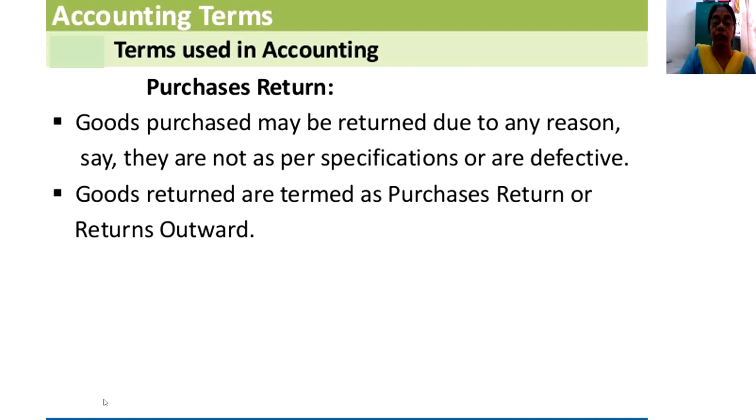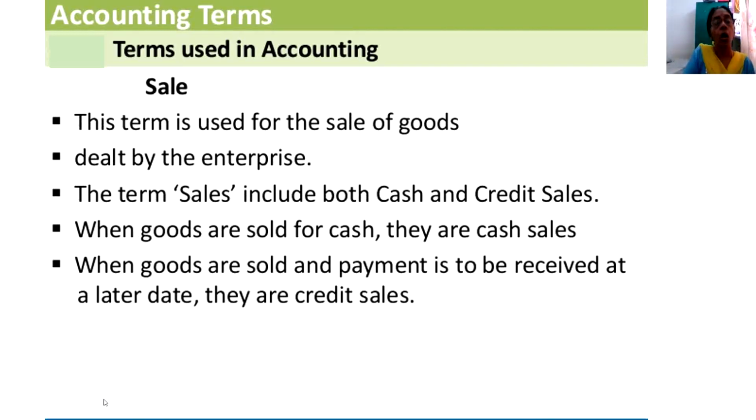So when you are returning, for any reasons, the goods already purchased by you, then it is referred to as purchase returns. Purchase returns are also known as returns outwards. Because the goods are going out of the business over here, we use the term returns outwards to refer to this purchase returns.